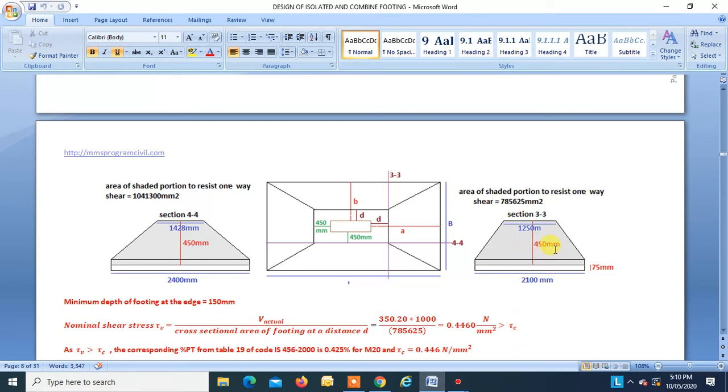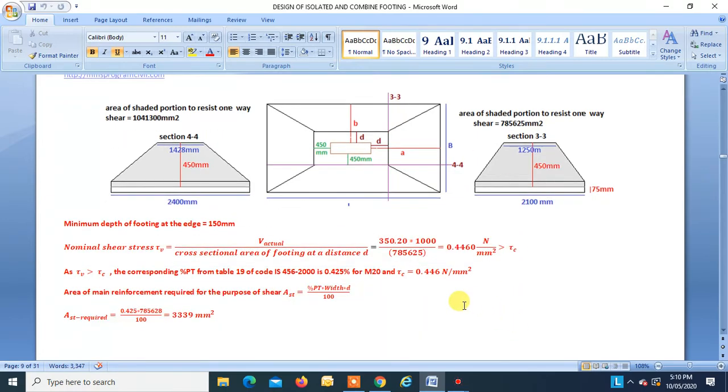So either we will have to increase the depth of the footing, or we will have to increase the percentage of steel. The percentage of steel considered is 0.25%, right? So now we will change the percentage of steel, and will not change the area of the section. Let us assume that tau c is equal to tau v.